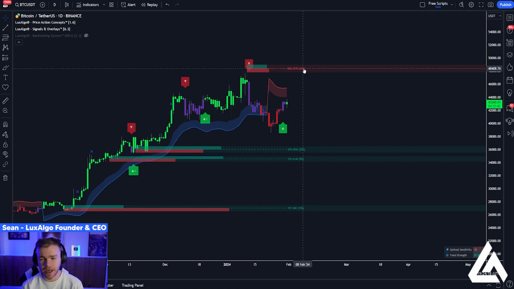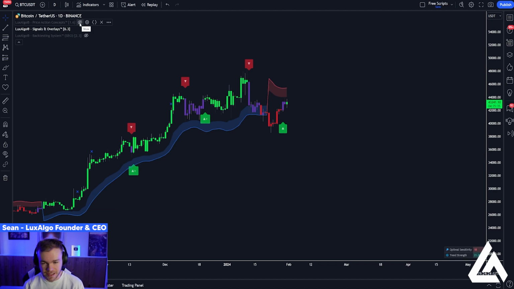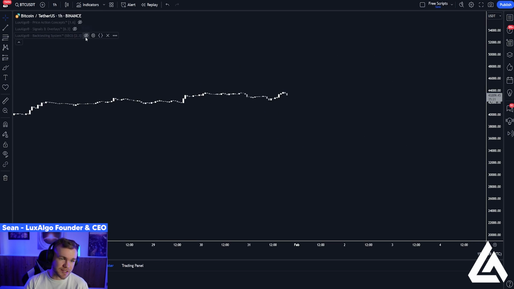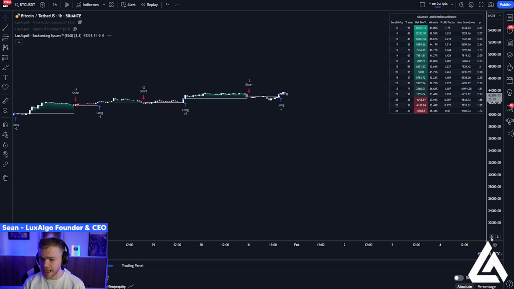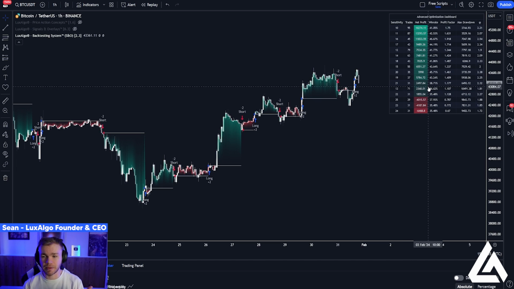So basically, having the understanding that the price action concepts is designed for price action traders, the signals and overlays is designed for the traditional technical analyst that wants the most powerful toolkit possible for dynamic based features. And then the backtesting system is specifically designed for data-driven traders who don't necessarily want to do any of those styles of analysis, and they want to do more optimization, and they want to get more data based on what combinations of features from any of our toolkits could work.